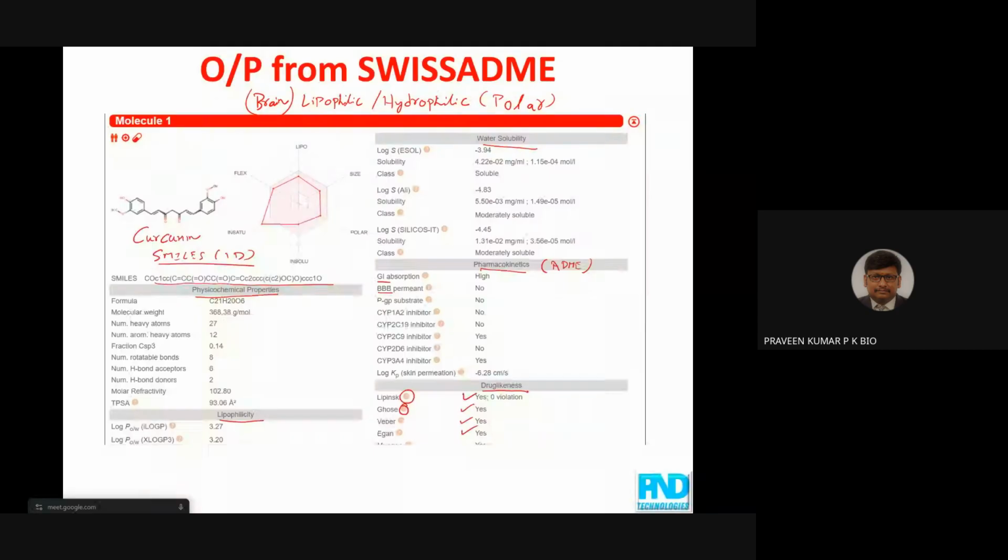And for hydrophilic, the best example we can take is the blood. Whatever drugs we take, we majorly target the blood, isn't it? But if patients are suffering from central nervous disorders or peripheral nervous disorders, then we have to design more lipophilic drugs.